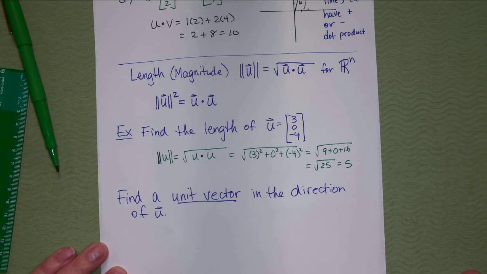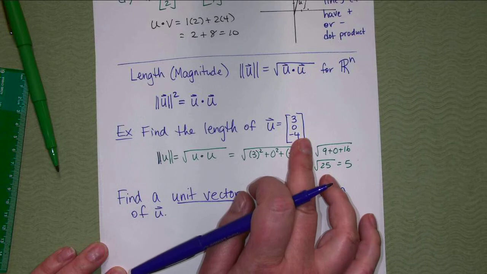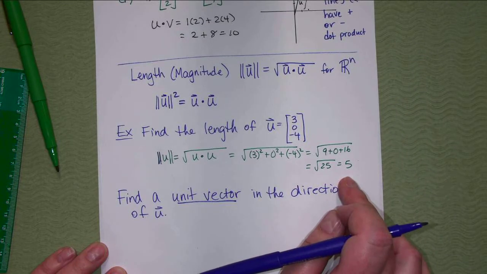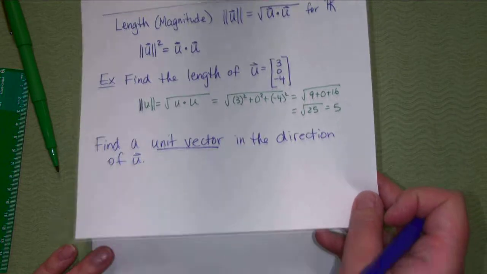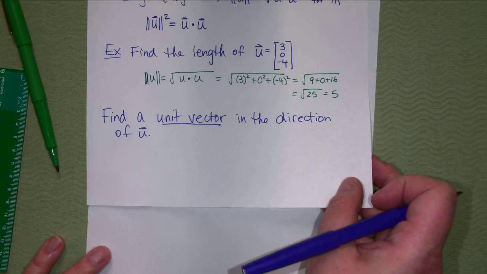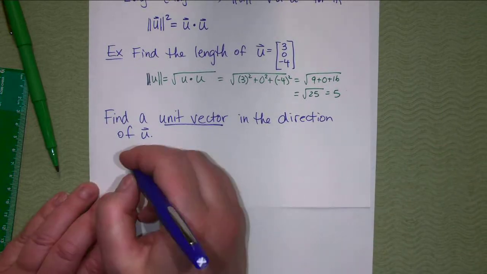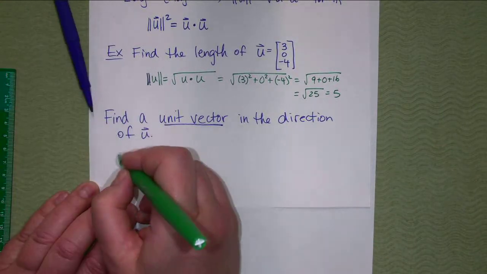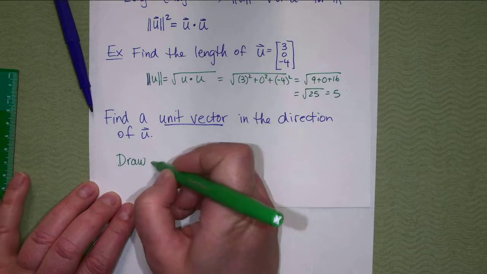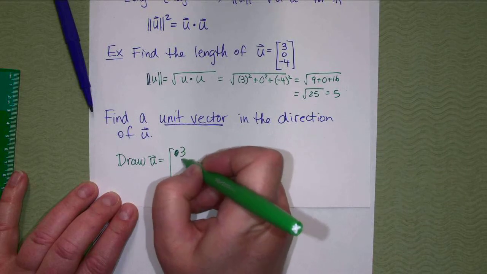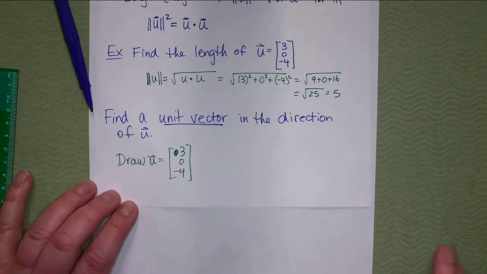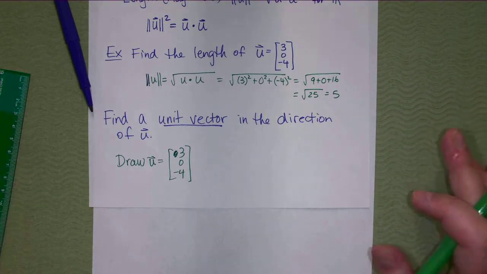So this is find a vector in the same direction as you, but has a length 1 instead of a length 5. Right? So let me show you how to draw in 3D, one way to draw. I'm not really going to ask you this, but sometimes it becomes useful, and maybe in a different course it will become useful. So let's draw the vector. Oops. This isn't a good one to show an example of drawing, so I will show you another example after this without a 0 in it, okay?